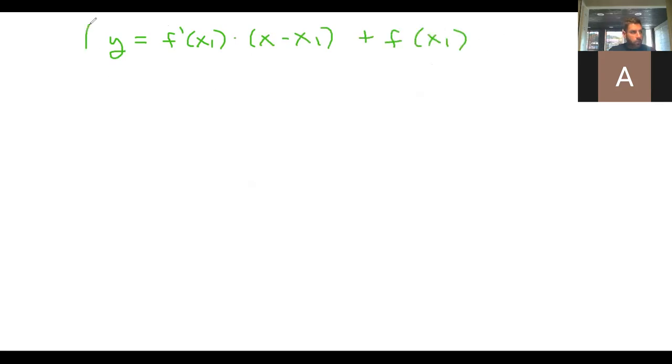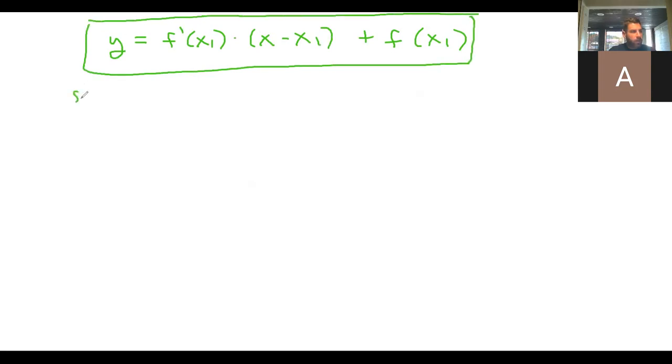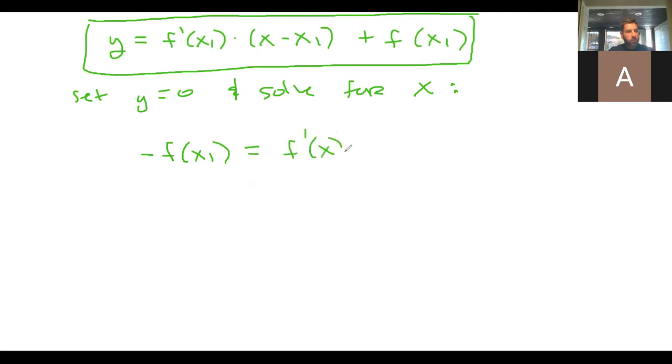So that's what we have for that first tangent line. And so set y equal to 0 and solve for x. So if you do that, set y equal to 0, you take the f of x sub 1 to the other side, you have minus f evaluated at x sub 1 equals this.